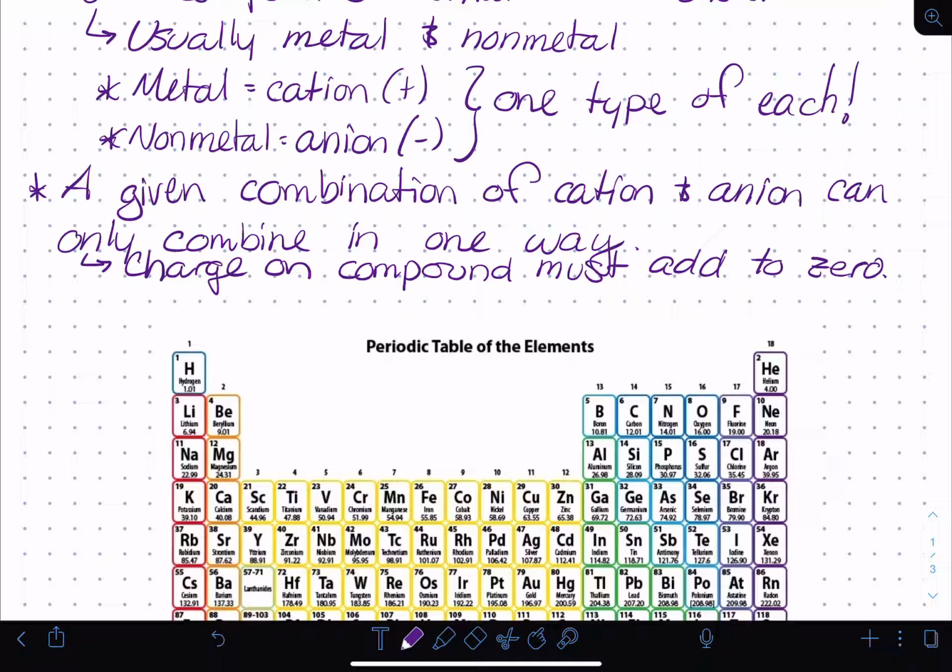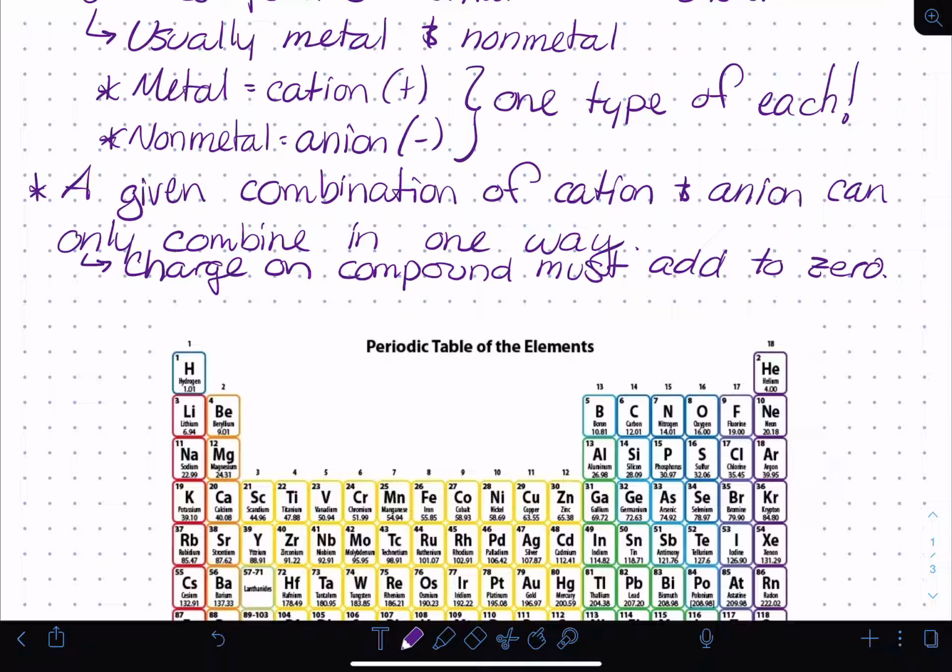So if you have a cation with a positive 1 charge and an anion with a negative 1 charge, the only way that they can combine is in a 1-to-1 ratio. For every cation, you need 1 anion. If your charges are different, that ratio is going to change.